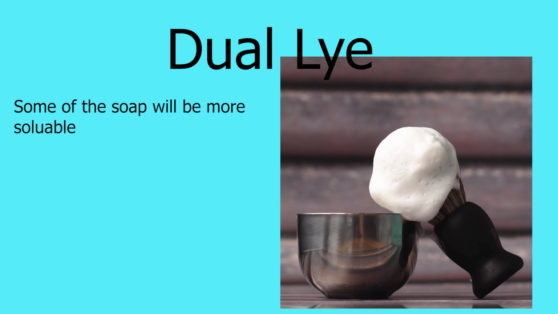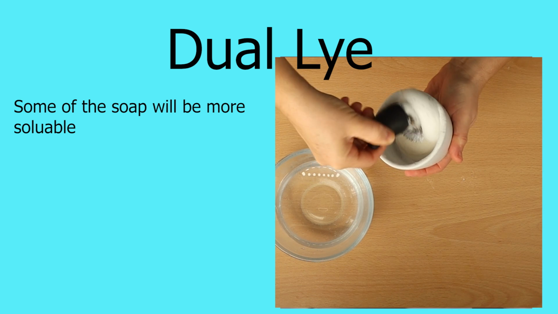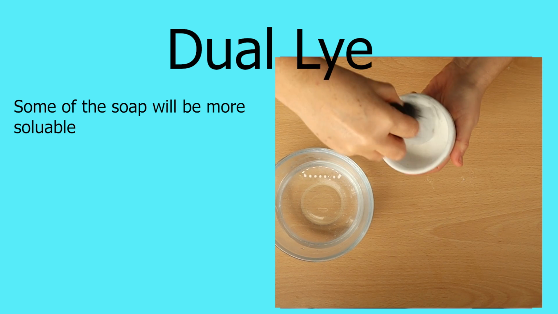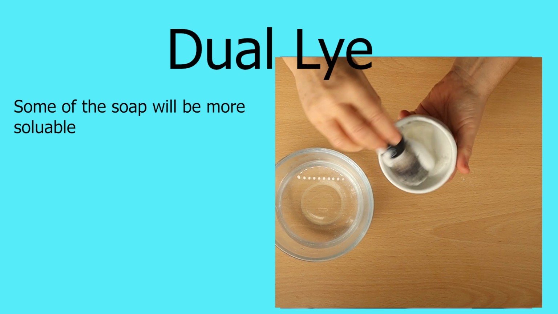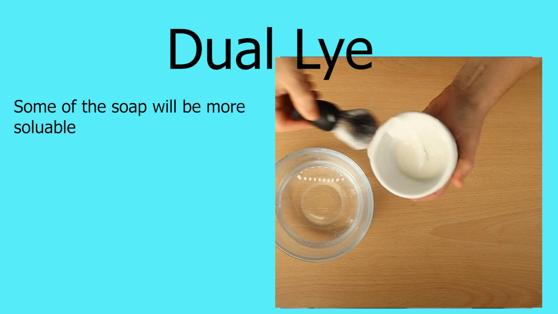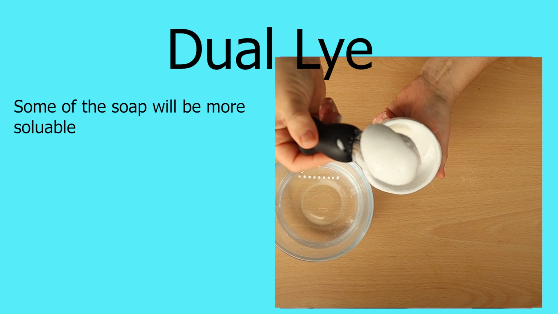So by having a little bit of soap that's much easier to dissolve, it's going to activate a lot quicker. That will give us the very instant, very voluminous lather that we would like from a shave bar. We want our shave bar to be a bar, but we want it to react quickly and foam up beautifully with a brush to give a really good shave.